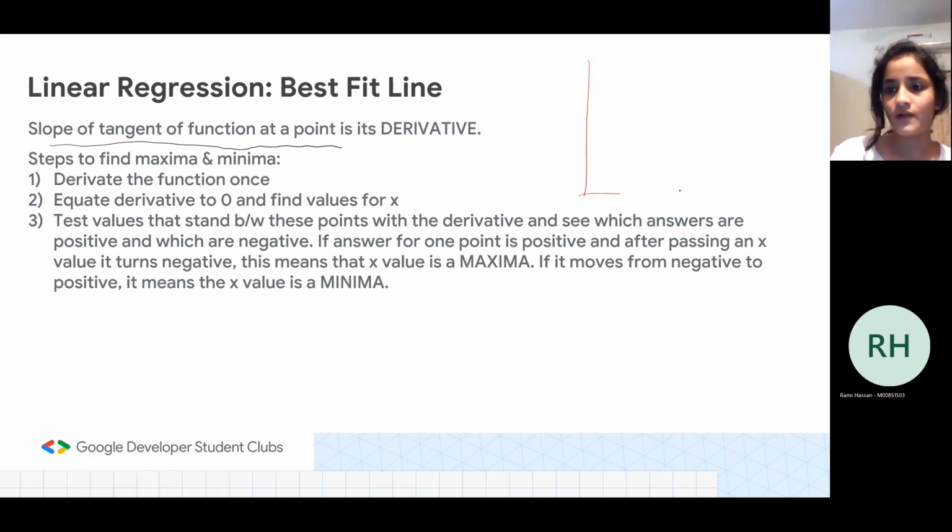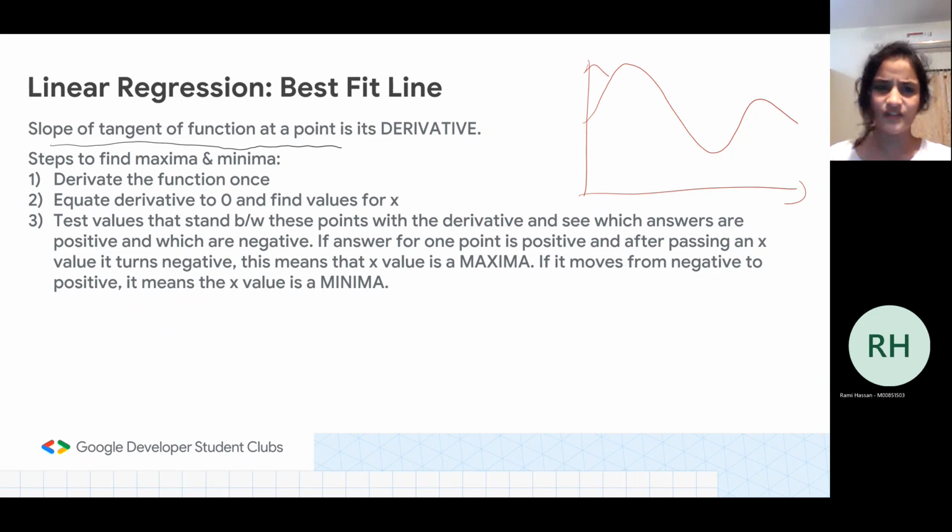Suppose I have a function over here, something like this, okay? A random function, I just drew it. And this is the graphical representation of it. Slope of tangent of a function at a point. So let me choose this point randomly. At this point, tangent, so whether I'm coming from here to here or here to here, it doesn't matter. My tangent is going to look something like this, right?